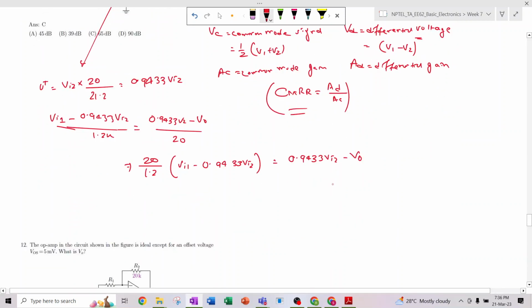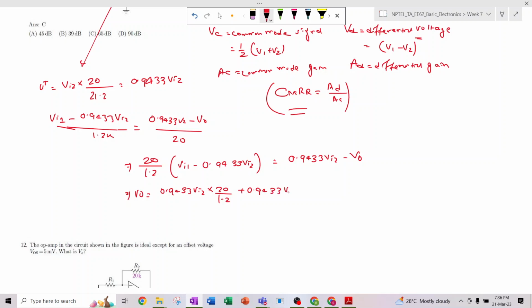If we move V0 to the other side, we get V0 is equal to 0.9433 Vi2 into 20 divided by 1.2 plus 0.9433 Vi2 minus 20 divided by 1.2 Vi1.